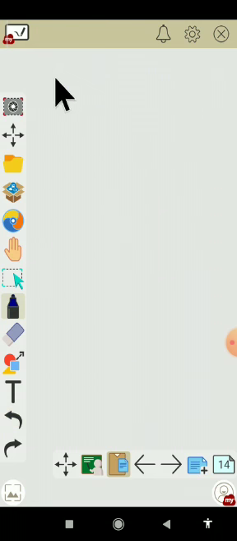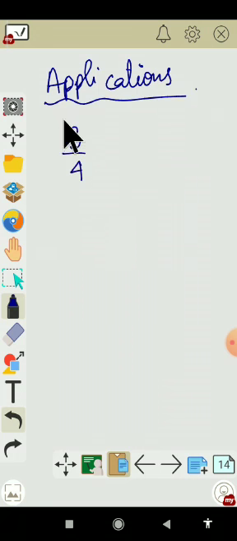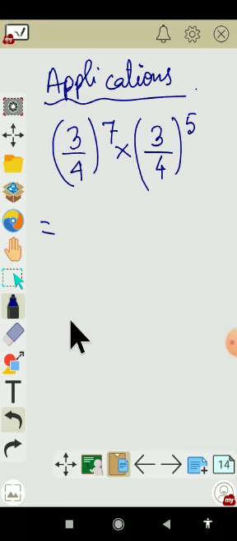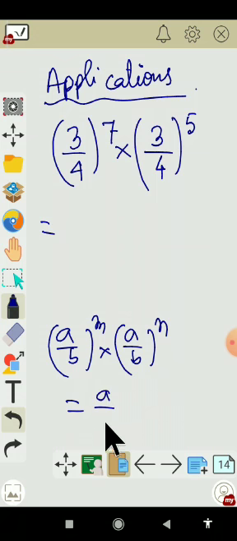Applications in different problems. Suppose it is given (3/4) to the power 7 and (3/4) to the power 5. We already know now (a/b) to the power m into (a/b) to the power n means (a/b) to the power m plus n.